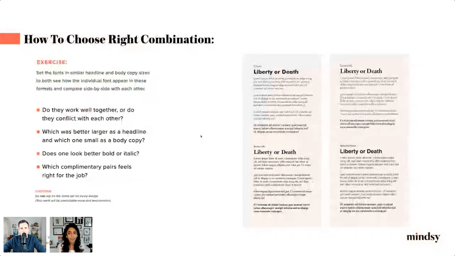So there's a fun exercise I do. If anybody wants to learn how to choose the right combination of type, you can do it by yourself. Set the font on an A4 page, similar headlines, similar body copy, similar bold and styling, and print 3-4 fonts and put them on your wall and see. I have done it; on your right side, you can see the Garamond, Futura, Baskerville, and Helvetica.